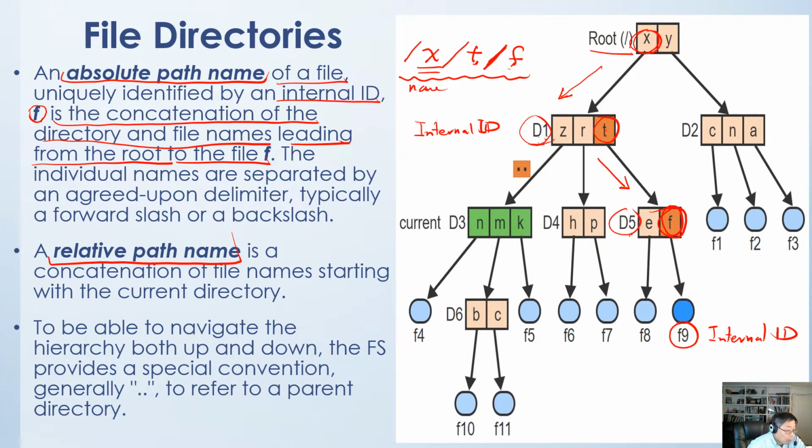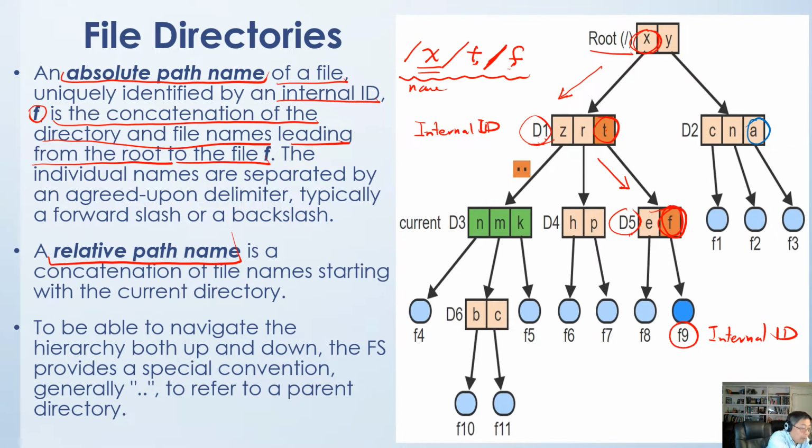Now there's another way you can access a file. Suppose I want to access a file. Let me change the color. So I want to access the file A, but using the relative path name.